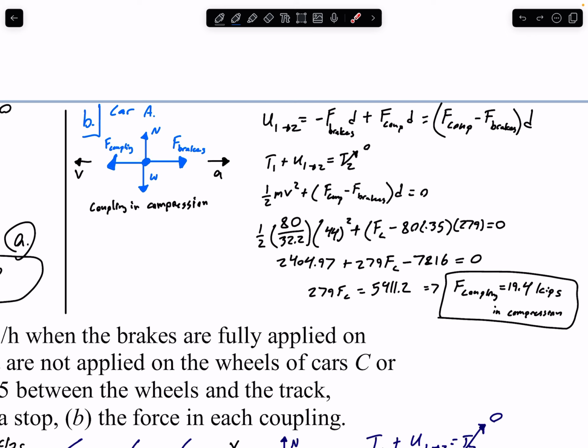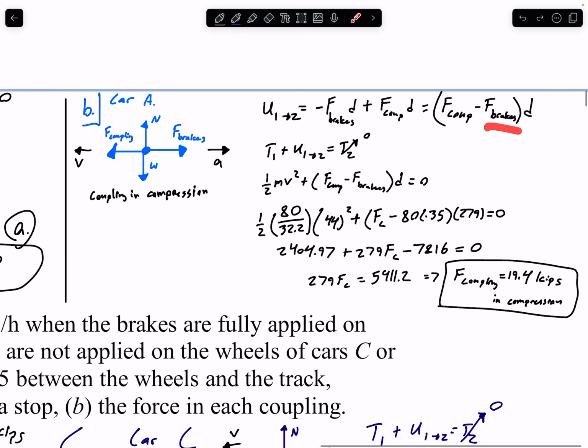Or I guess you could say it's over here and that it's in compression, because it is. And we know that the work being done is the brakes and then also the force of the coupling times distance. And again, we already know the force of the brakes, and we know that the final energy is equal to 0.